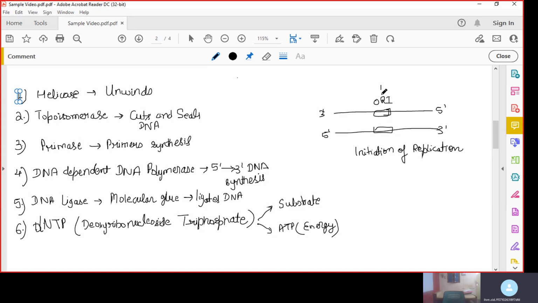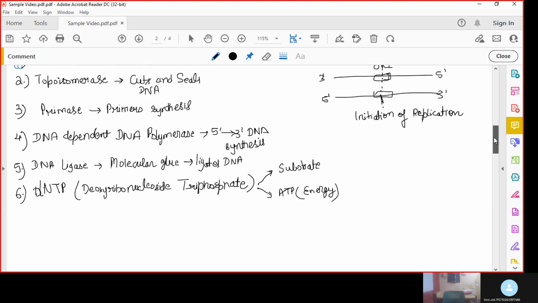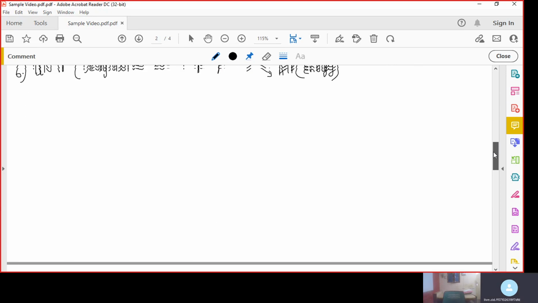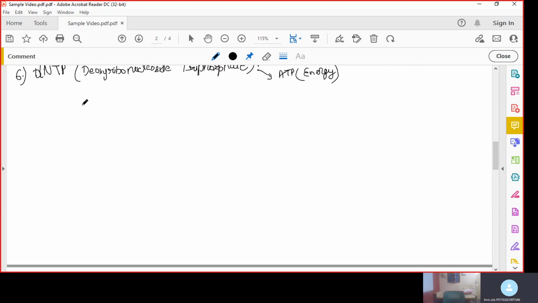Now we will begin with the steps of the process of replication. Consider this part. Now rotate it anti-clockwise by 90 degrees, just for perspective, and see what happens. So this was the DNA strand.